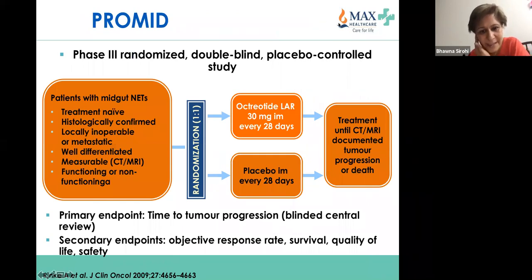Is pancreatic primary always to be resected even if less than 2 centimeter? So it depends what the histology is. Like I said, there is debate. If you have MEN, there is debate. But if it's not MEN, and let's say you have insulinoma or if it's symptomatic, yes, there is no doubt you have to resect.